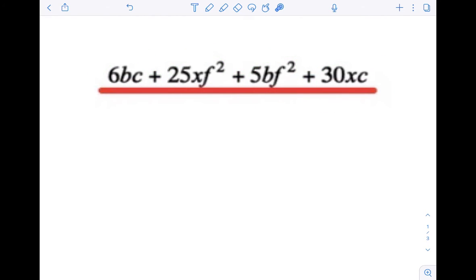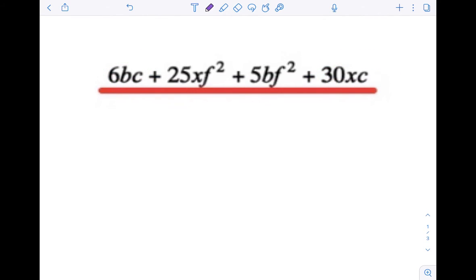right? So for example, this 6bc, I'm going to put it with 30xc because c and c. And also because I know 6 and 30, 6 can go into both.